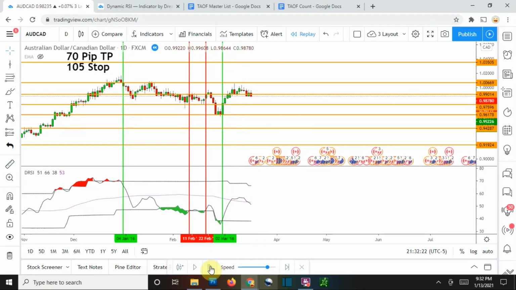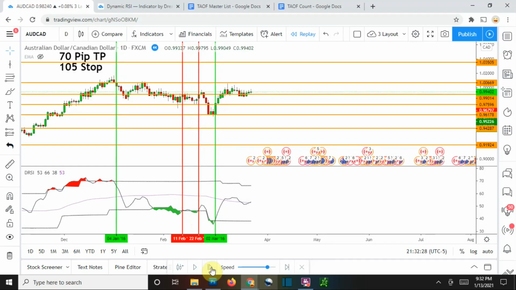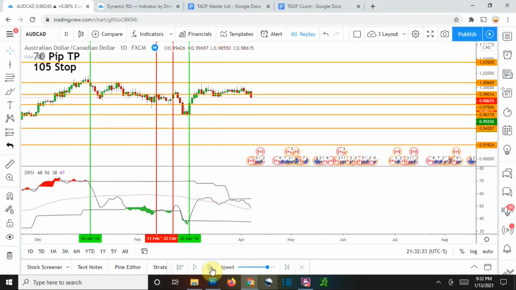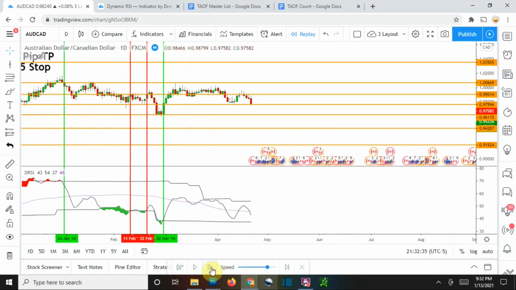Now, it doesn't always work that way, but those are things that you can be mindful of when taking trades and reading what your indicator is telling you you should be doing.